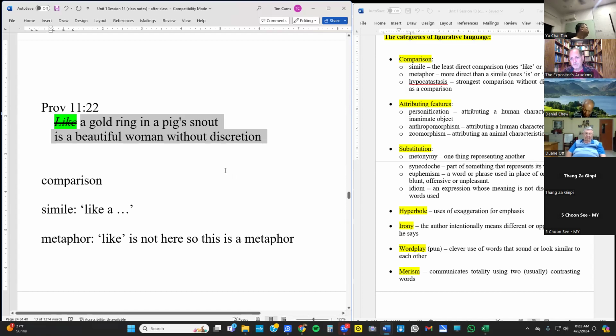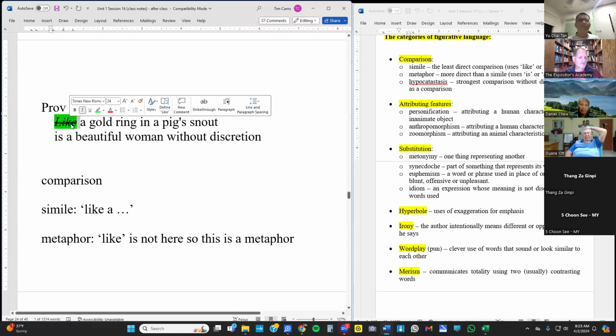So it's not hypocatastasis, because that would have been something like, if the is wasn't there, a gold ring in a pig snout, a beautiful woman without discretion. That would probably be the hypocatastasis. But here it's a metaphor that our translators unfortunately softened a little bit.